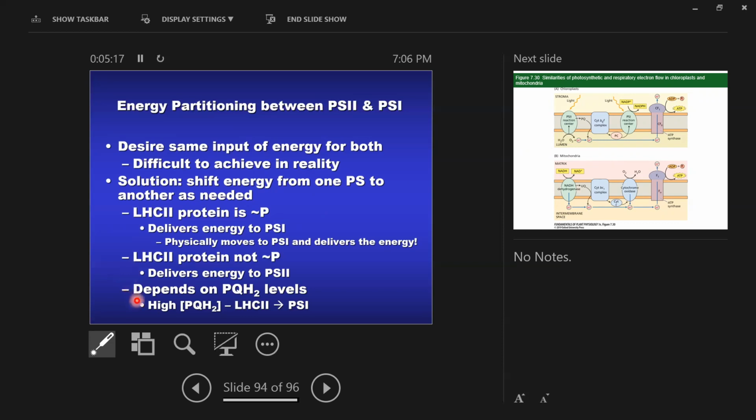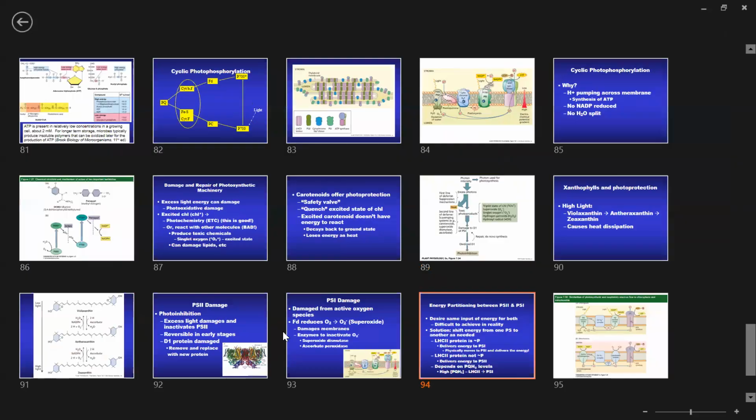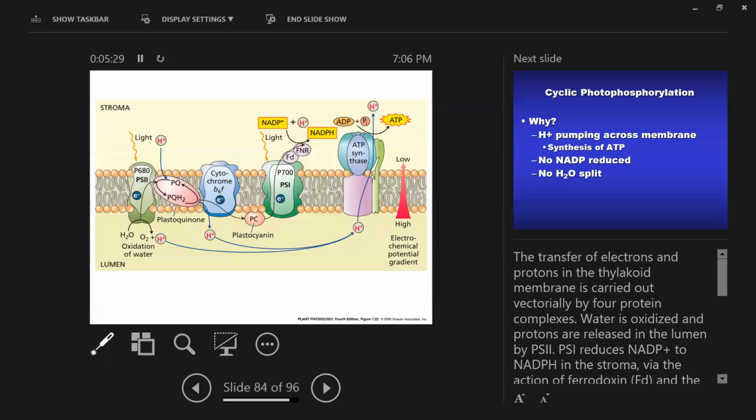So the plant is assessing PQH2 levels. That's really how it's doing it. It's saying, okay, if I have a lot of PQH2, that's back here, so photosystem 2 is working just fine. If you end up with a lot of PQH2, that means something downstream of it is lagging. And that's probably because photosystem 1 isn't keeping up to speed with what's going on back here with photosystem 2.